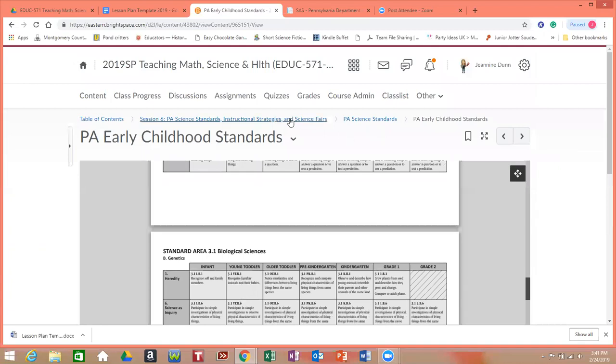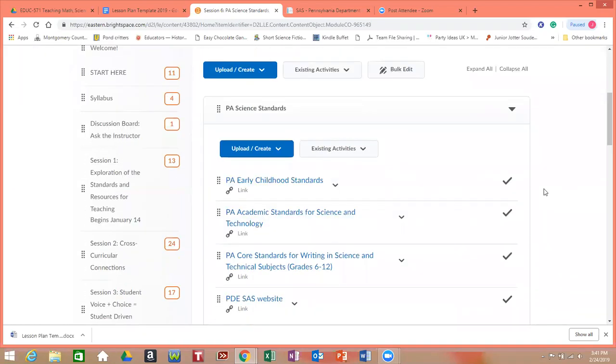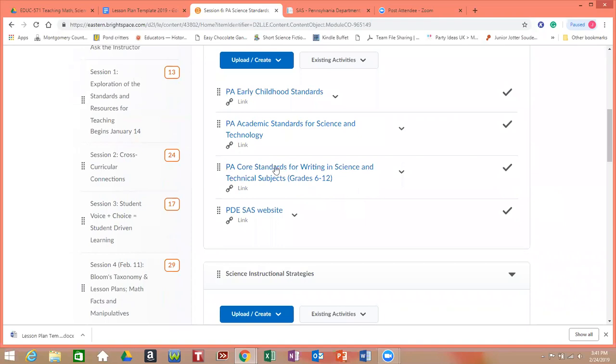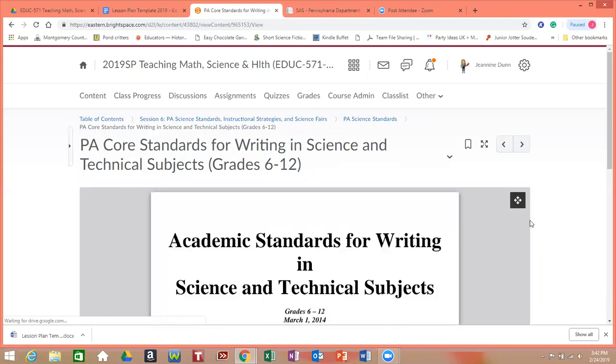And then, like I said, if you are teaching middle school, or looking forward to teaching middle school, which is great, middle school is super fun, you would also need to think about the PA core standards for writing and science. I'm going to point this out because writing is such an important piece in the middle grades.